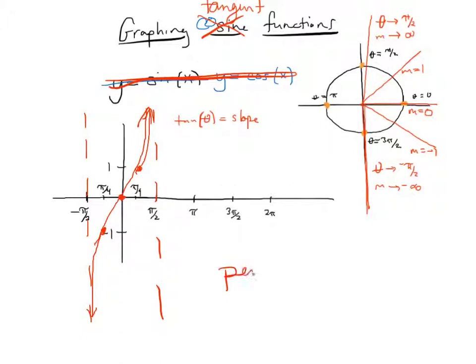Notice that the period is going to be actually pi in this example. Once I cross the threshold of pi over 2, I'm back to very negative slopes. So pi over 2 to 3 pi over 2, we're going to repeat the same pattern, where I'm going to be -1 at 3 pi over 4, 0 at pi, and 1 at, what is that, 5 pi over 4?